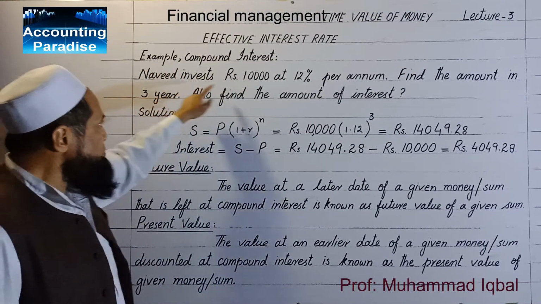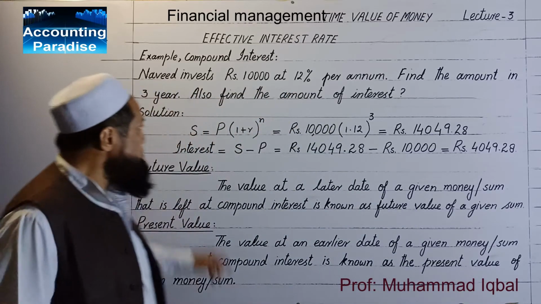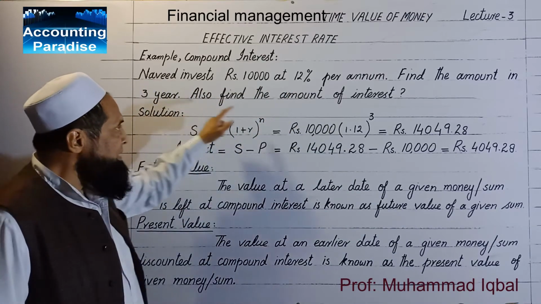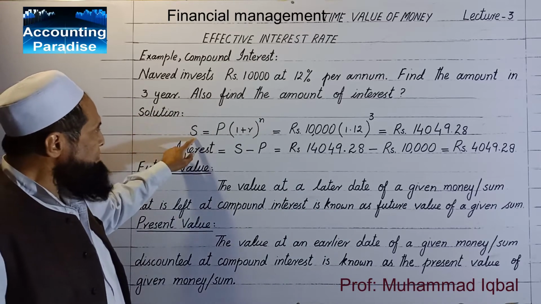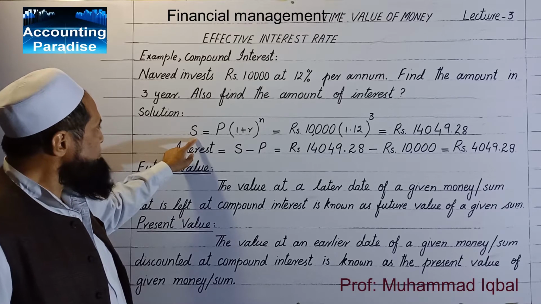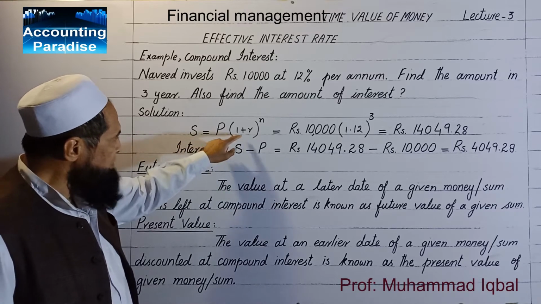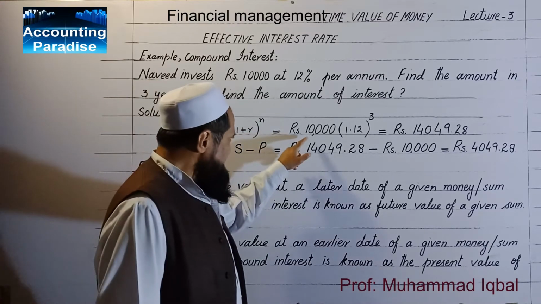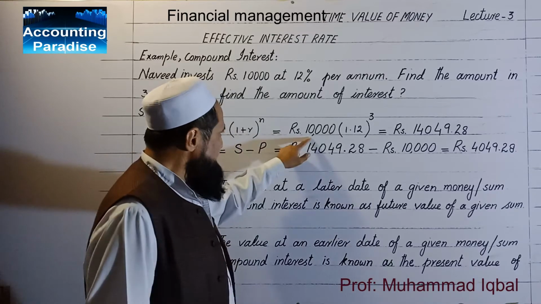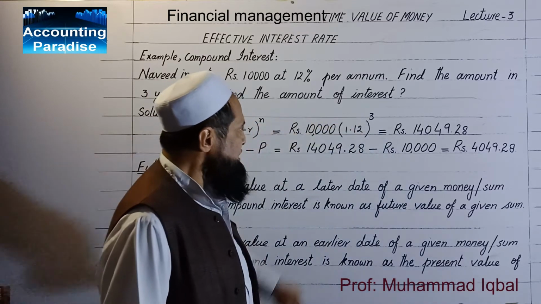Here is an example of compound interest. Naveed invests rupees 10,000 at 12% per annum. Find the amount in 3 years. Also find the amount of interest. Solution. Future sum is equal to principal amount into (1 plus R) raised to the power N. By putting the values, principal amount is 10,000, rate is 12%, and it is for 3 years.